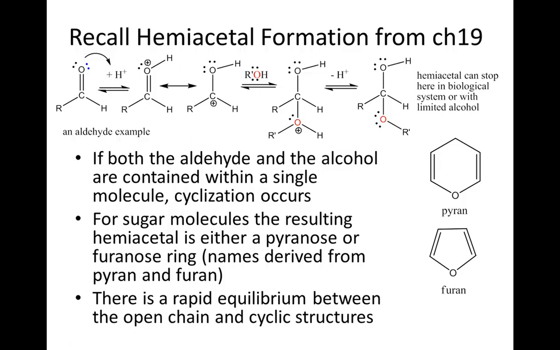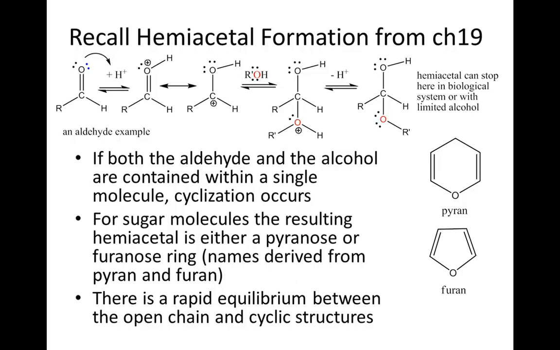And I told you that in a biological system, it would be common for them to stop there. In a lab, we don't usually stop at the hemiacetal, but in a natural molecule, in a biological setting, it's very common for them to stop at hemiacetals.